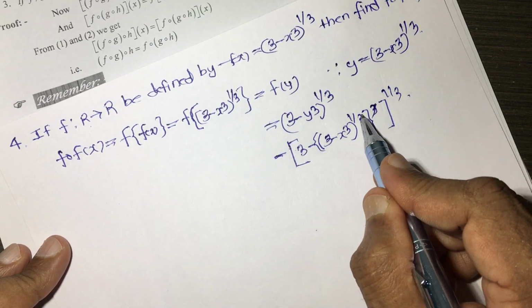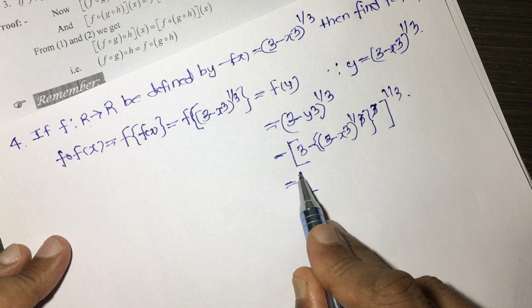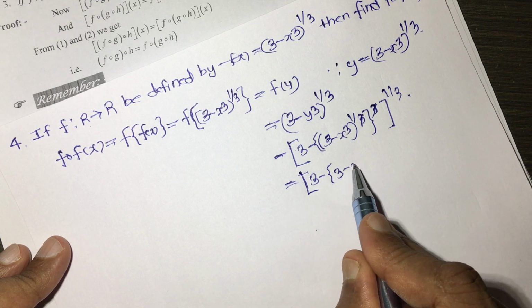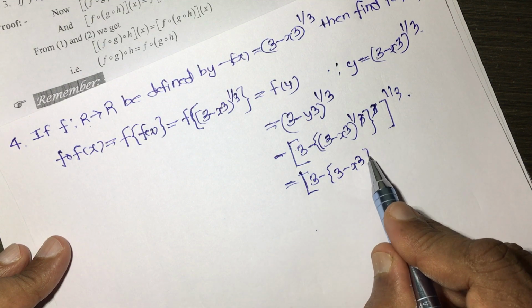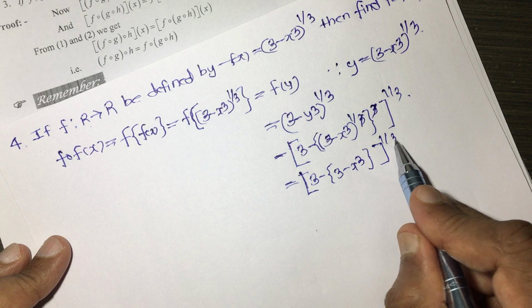So this 3 and this 3 get cancelled. So we have, see here what is left, 3 minus x cube after cancellation of this 3, raised to 1 by 3.